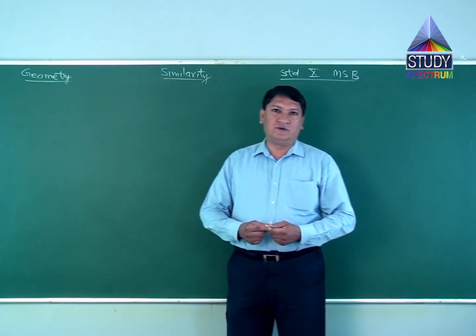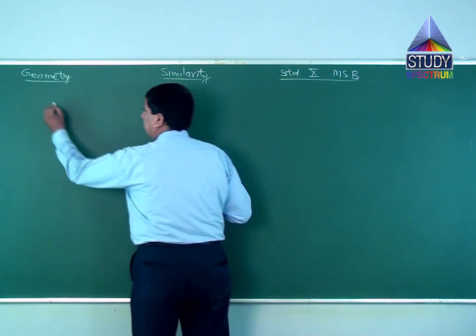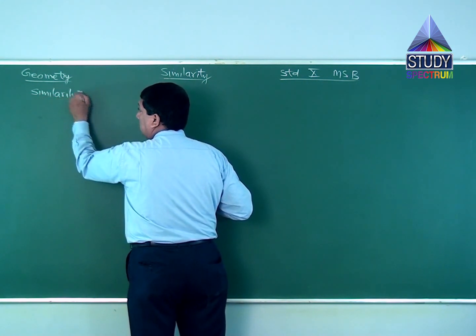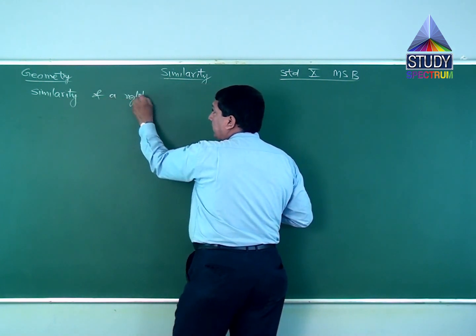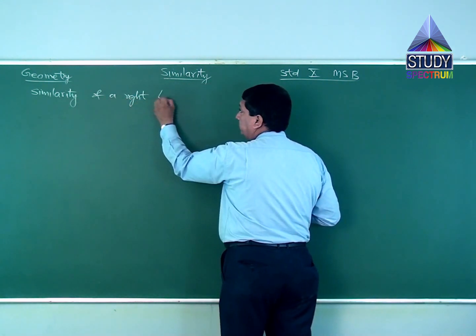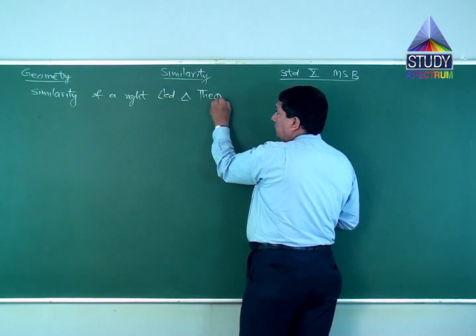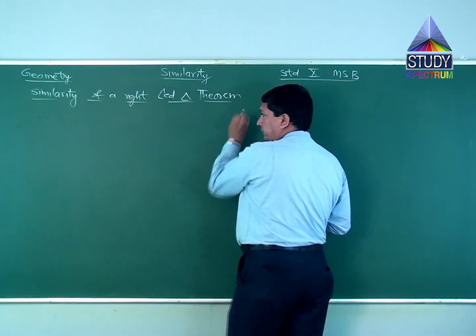We'll go to the next theorem of similarity. That theorem is similarity of a right angled triangle theorem.